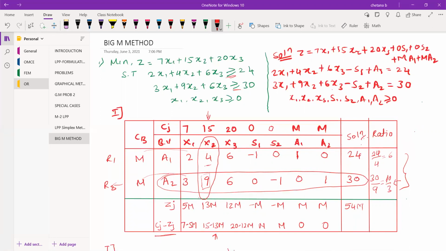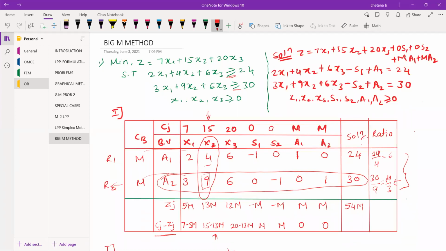If it is greater than or equal to, by closing your eyes you need to understand that it is the artificial problem, it comes under the big M, and you use the maximum coefficient M for the artificial variables a1, a2, a3 in the constraints. That conclusion should come to your mind when you see the symbols.